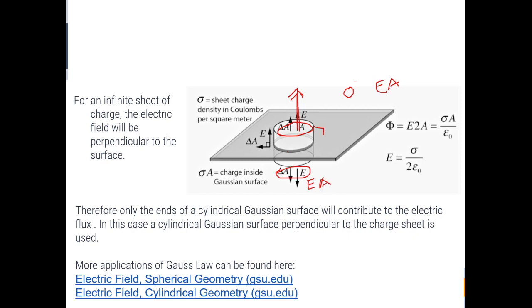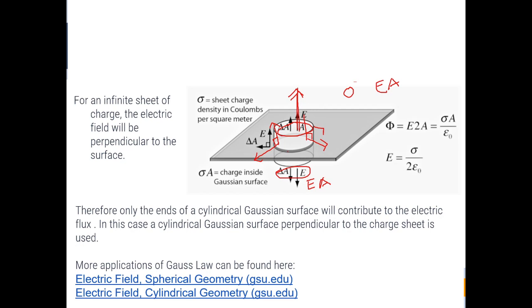Now if you see in the curved surface, if you draw any kind of normal, then the field would always be 90 degrees to the normal, so there the flux is 0. So there's no contribution from this lateral surface, the curved surface of the cylinder, to the flux.